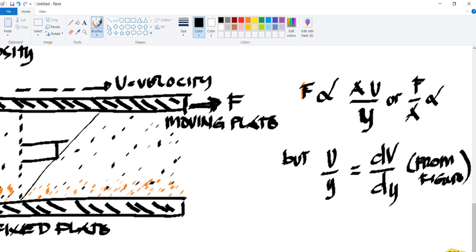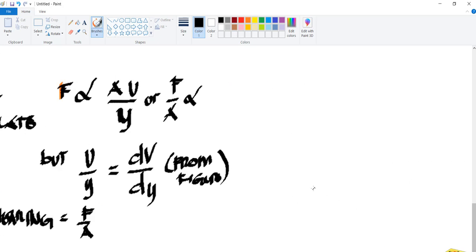Now we all know, and also we have a relationship, your shearing stress. So your shearing stress will be equal to the force over your area, or the symbol tau. We can rewrite it also that your shearing stress will be directly proportional to the change in velocity over the change in distance.